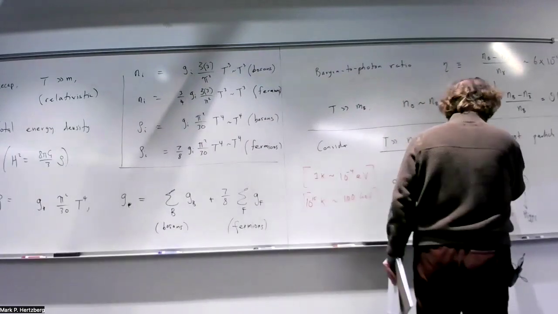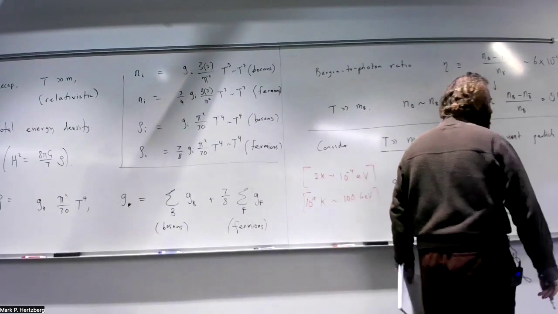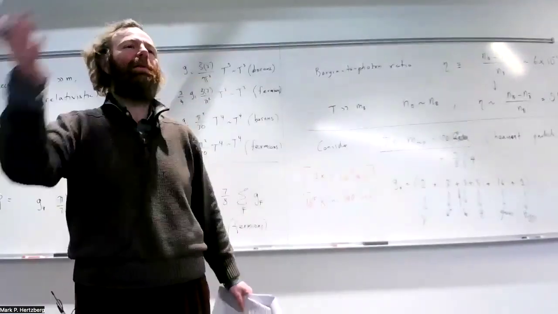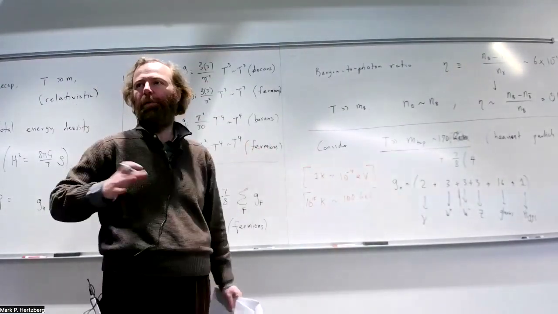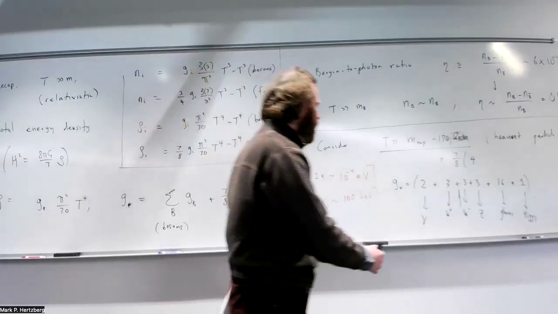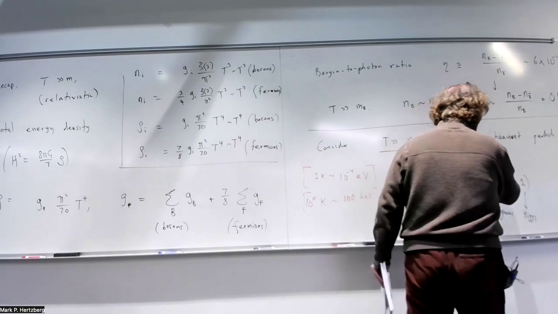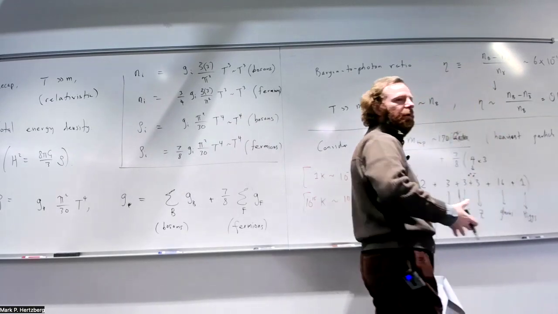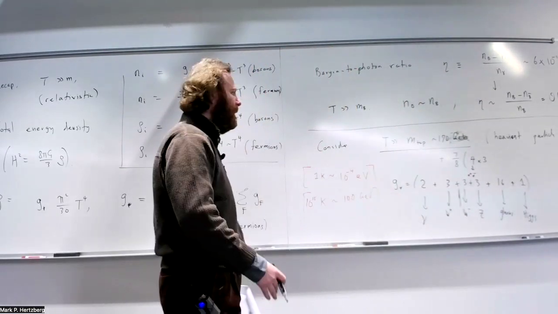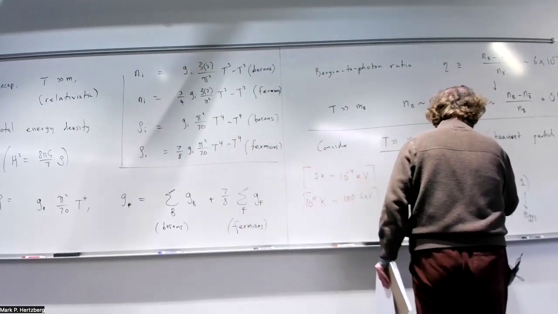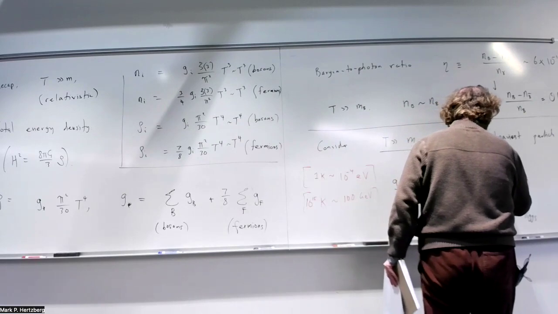I'll put a 4 here, by which I mean the 2 spins of the electron as well as the positron. So I'm going to list that as 4. I'll put e plus, e minus together, and then we'll multiply by 3 for the 3 generations of leptons. Let's call this charged leptons.